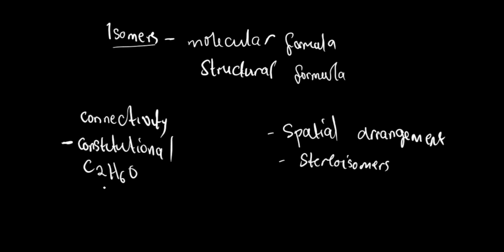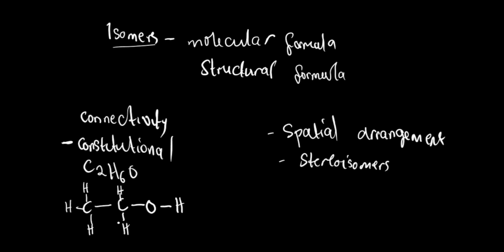From this molecular formula, we could decide to have an alcohol. Take for instance ethanol. So we'd have a carbon, a hydrogen, a hydrogen here. We would have a carbon here, a hydrogen here, hydrogen again, and then we would have oxygen and a hydrogen here.